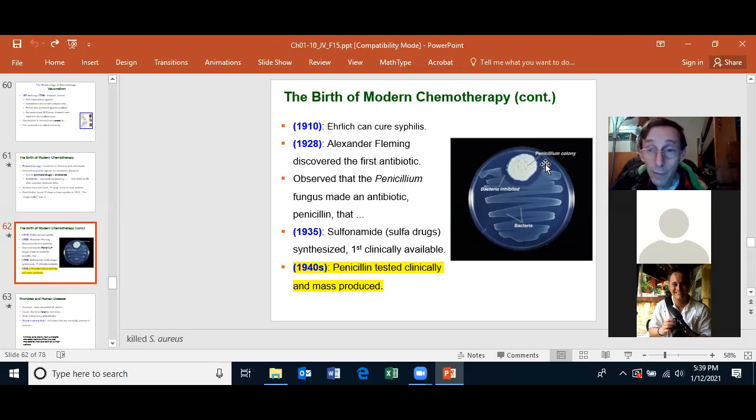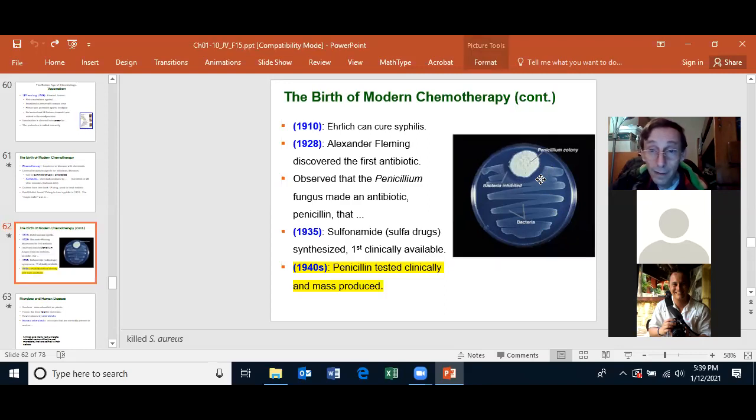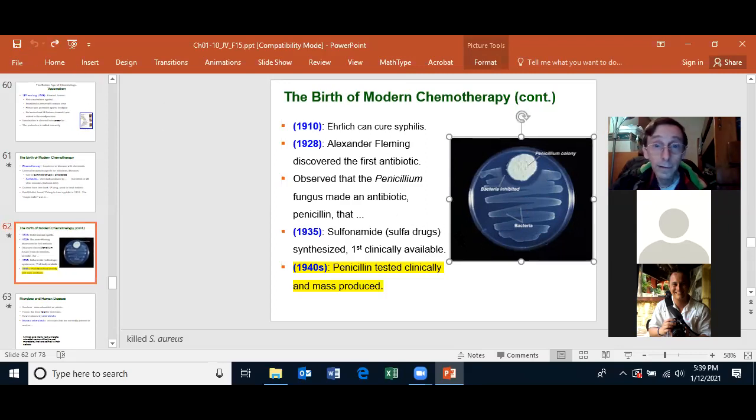But he noticed around the penicillium mold, as you can see, there's a region around it that has no growth. And he correctly concluded that something was coming out of this colony of mold, preventing the growth of the bacteria. And he called that an antibiotic. And penicillin, it's actually penicillin G, was the first antibiotic discovered that came out of the penicillium mold. Any questions about any of that?